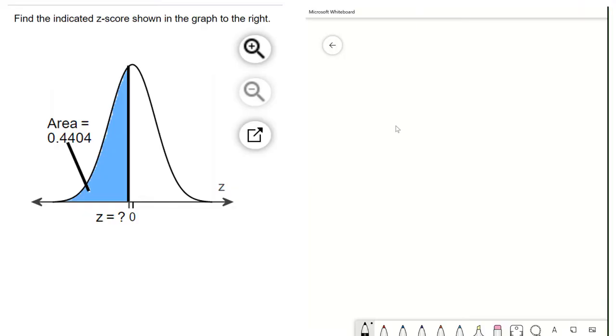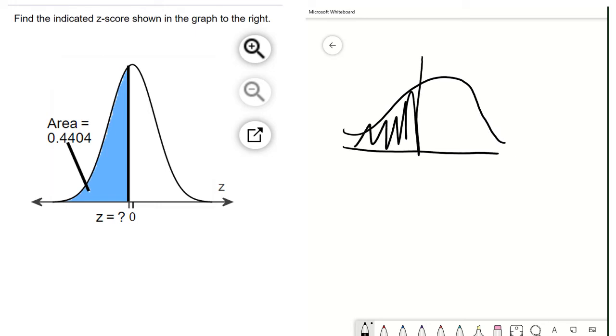Now for this problem, we're going to invert the process that we did before. So now, in our normal distribution, it's giving some area, the probability, and we need to find the number that goes down here. So we're going to invert the process and use something called the inverse in Excel.